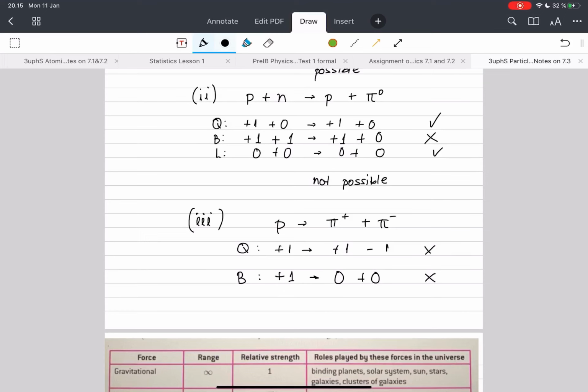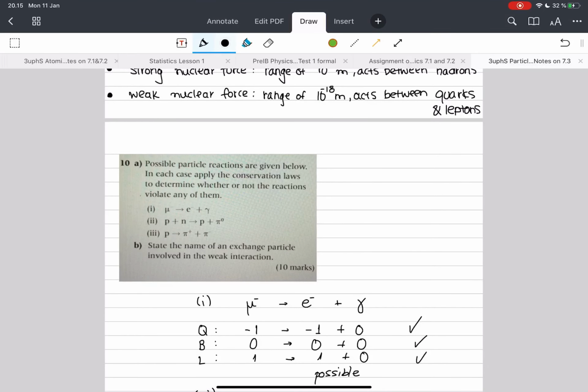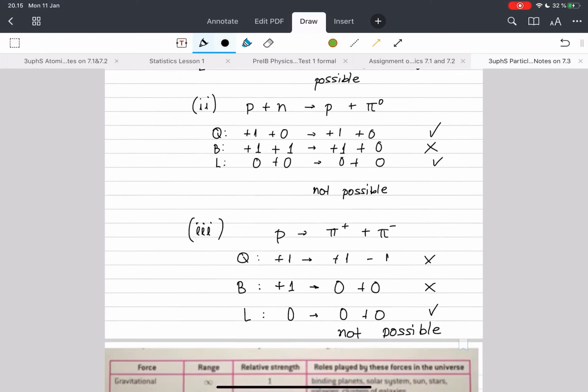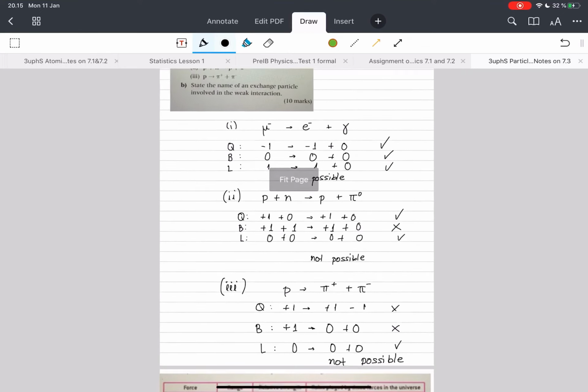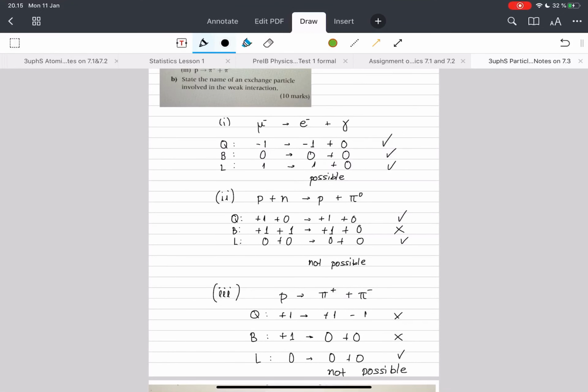The lepton number is the only thing that is not violated, but this doesn't matter because this reaction is not possible. So, state the name of an exchange particle involved in the weak interaction. I will get to what this means, but this is the way that we look into whether reactions are possible or not. If Q, B, or L, or any one of those, is violated, then the reaction is not possible.